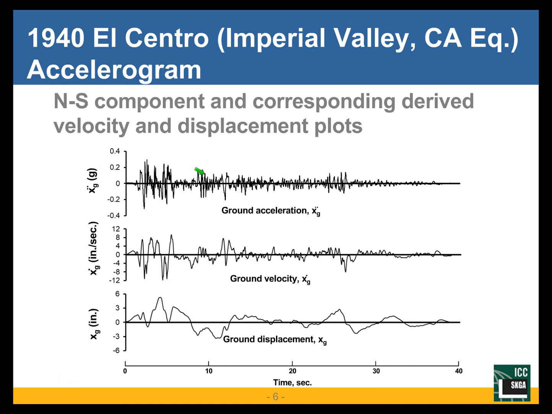The top plot is the recorded accelerogram of the north-south component of the 1940 Imperial Valley earthquake as recorded at the El Centro station.